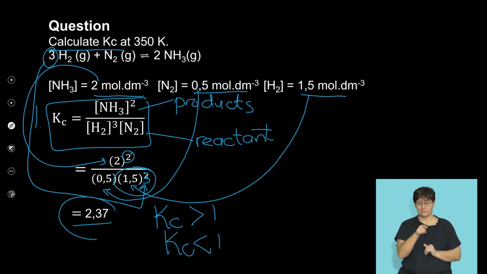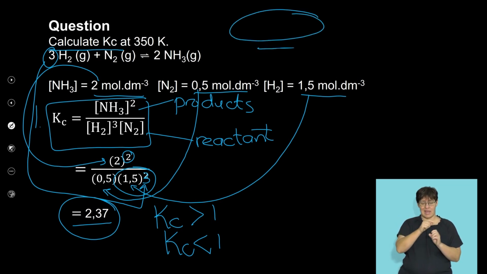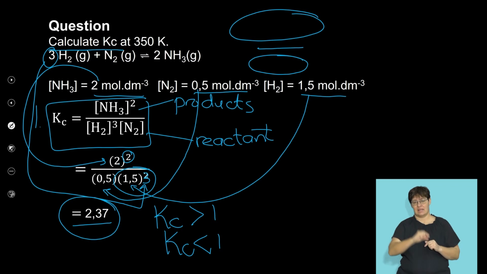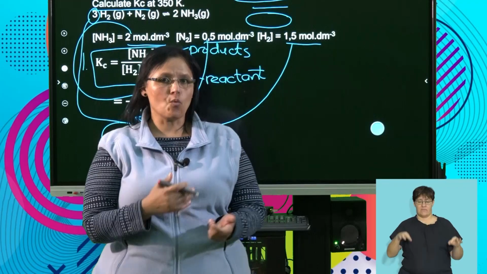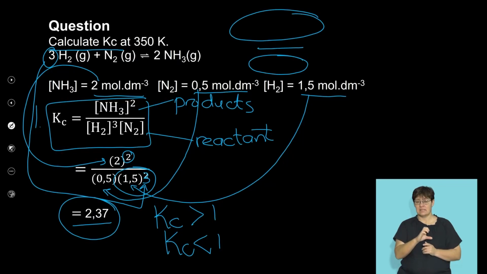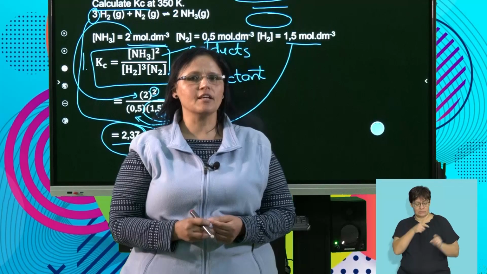Now in this case where Kc is bigger than 1, I said to you it means that your products, which is your numerator, is bigger than your reactants, which is your denominator, and that leads to a bigger than 1 value. So what's the significance of Kc being 2,37? You will then say this means that the product is more than the reactants.